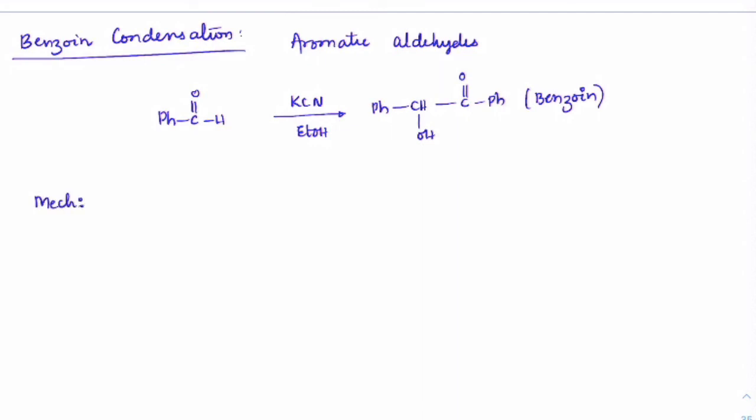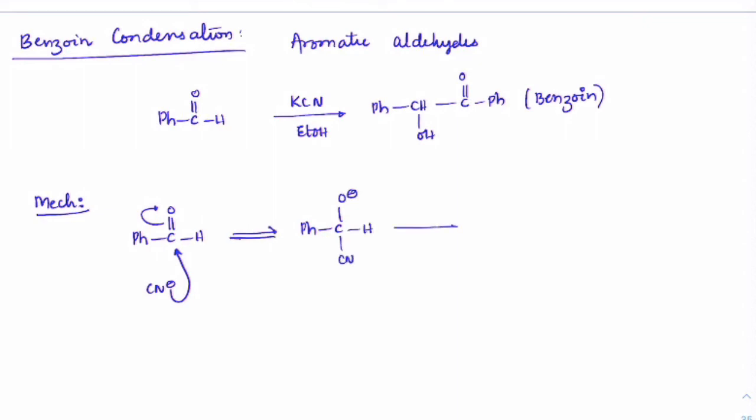Let's see how the mechanism works. First we have Ph, C double bond O, H. CN being a strong nucleophile attacks here. So we will get Ph, C, O minus, CN and H. Now this will be in equilibrium with what happens if this carbon gets carbanion formation, C minus, that can undergo resonance stabilization with the C triple bond N here.